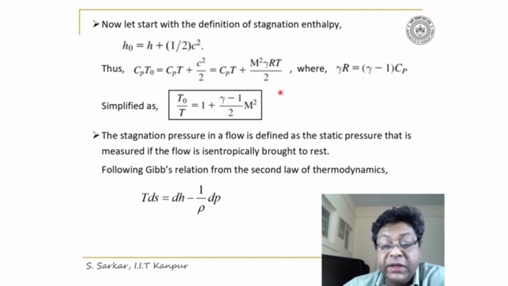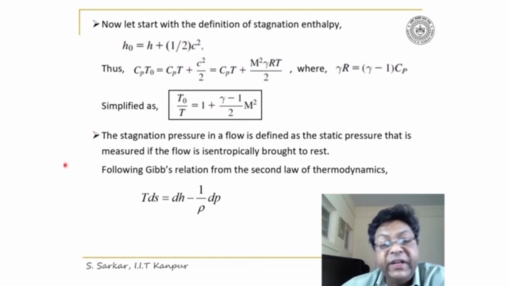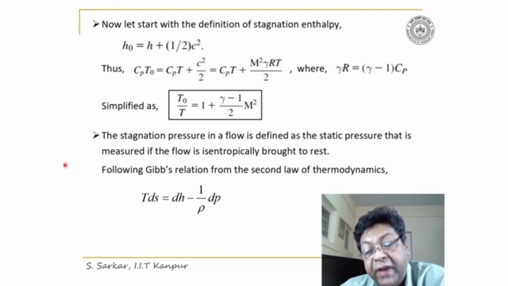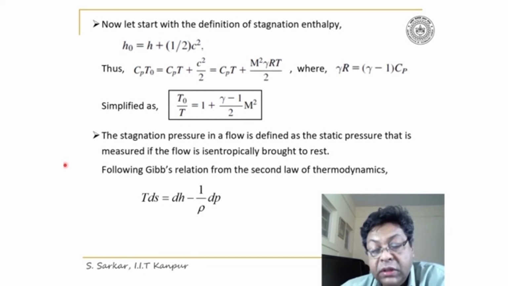So as the Mach number increases, the total temperature will increase with the square of that. Now, after that, I'll try to establish a relation between the ratio of stagnation pressure to the static pressure.